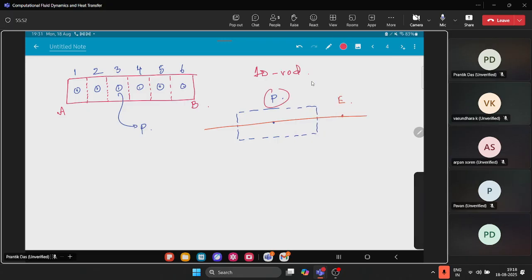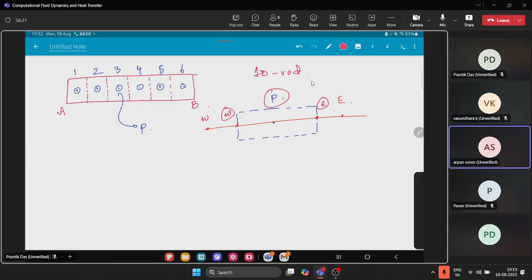And this one is my west control volume. Small w and small e are the points at the common surface between capital P and capital W, and capital P and capital E. So this is the nomenclature we are going to follow. Is it clear to all of you?